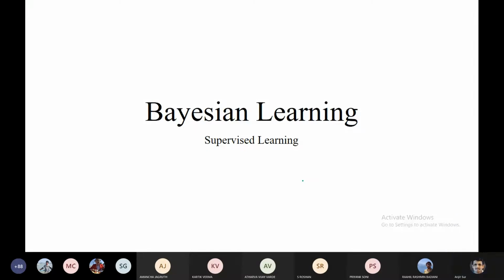Okay, so today we start another very fundamental, very naive kind of supervised learning approach. It's called Bayesian learning. This Bayesian learning is based on a very fundamental statistical theorem called Bayes theorem, as you all know.